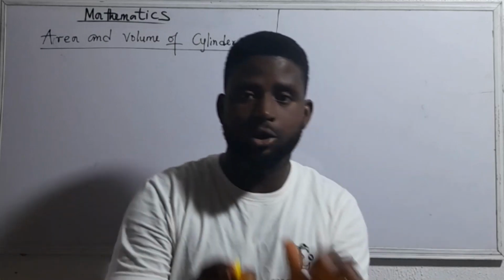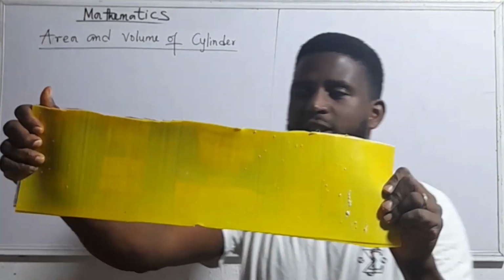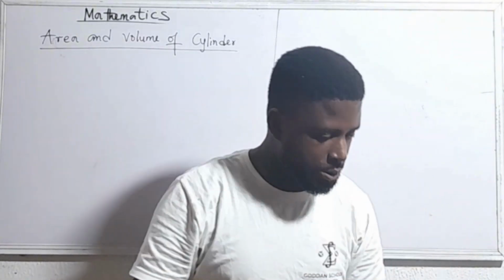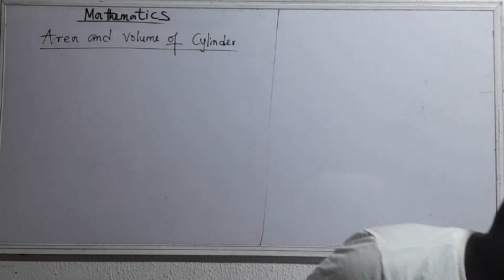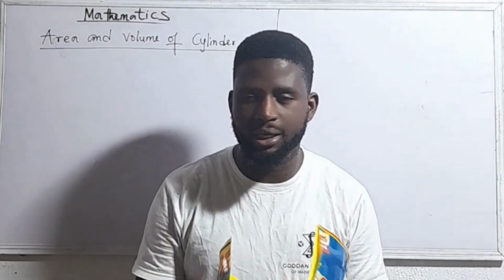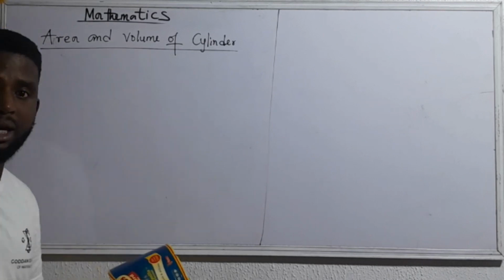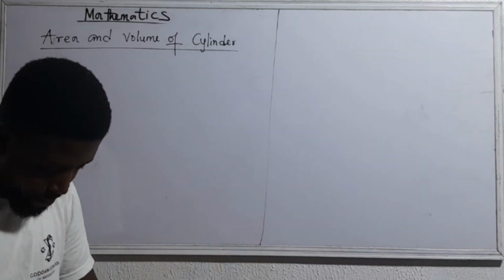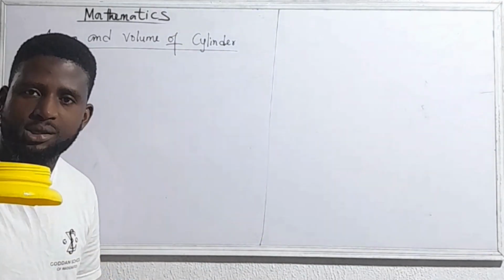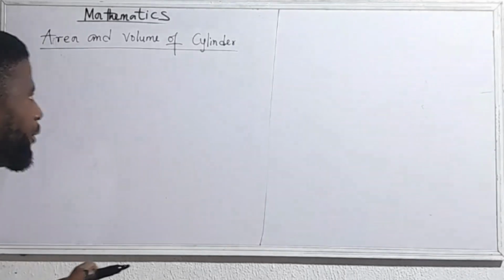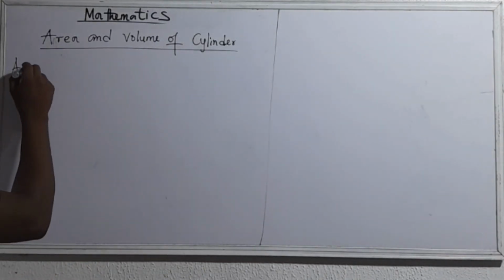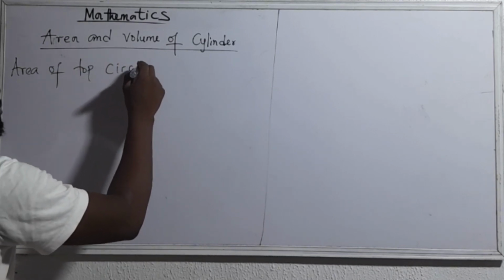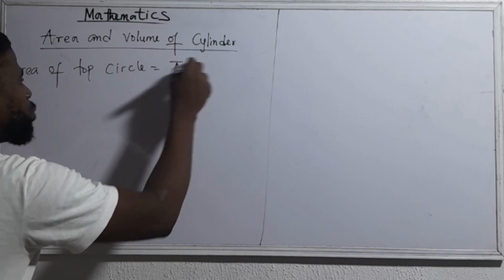If you look at this curved surface, if we stretch it, what do we have? We have a rectangle, right? So it means that to find the area of a cylinder, we have the top circular face, and of course, remember that the area of a circle is pi r square. So we have the area of the top circle, which is pi r square.